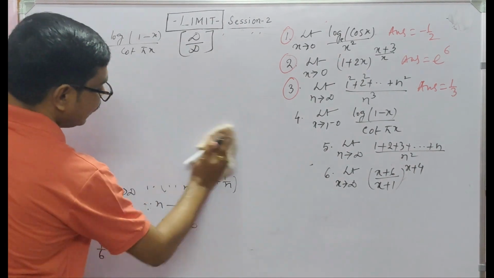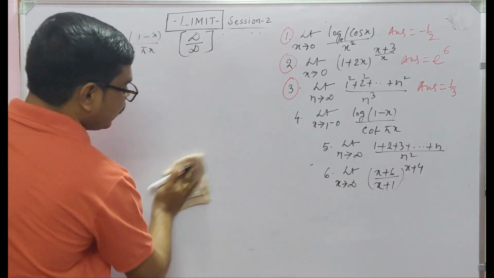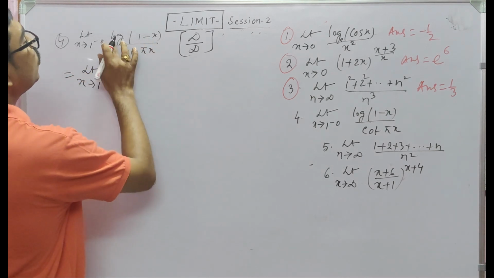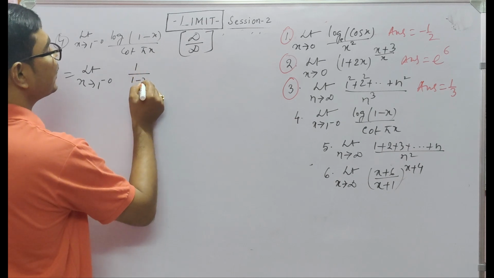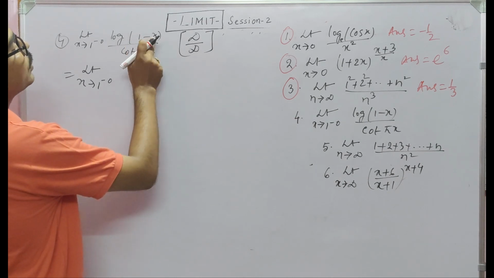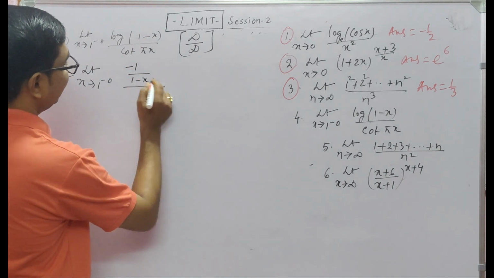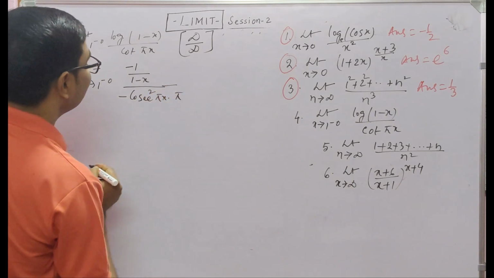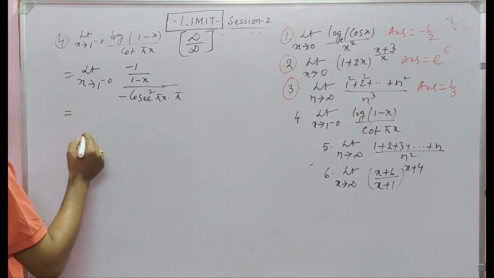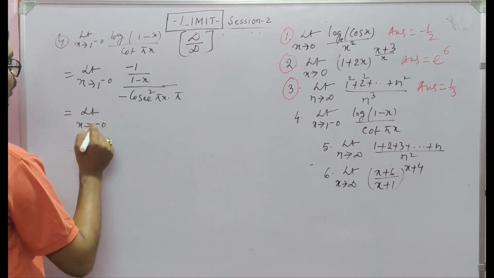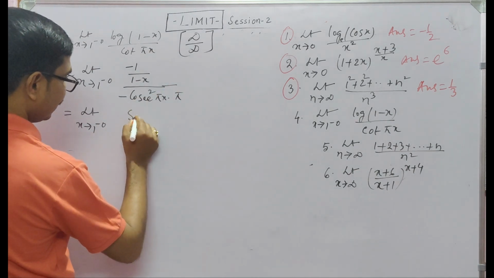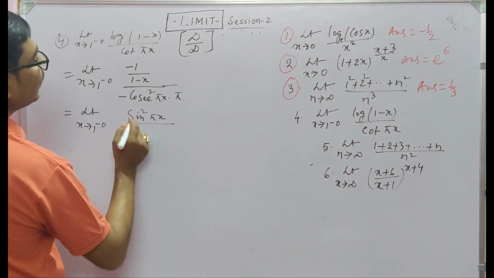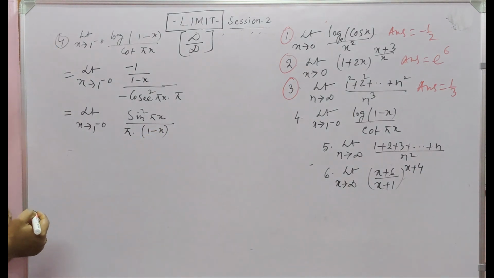Applying L'Hopital's rule, the limit x tends to 1 minus 0: the derivative of log(1 minus x) is 1 by (1 minus x) times minus 1, so minus 1 by (1 minus x), and the derivative of cot pi x is minus cosec square pi x into pi. Minus and minus cancel out. Reversing cosec, we get sin square pi x by pi into (1 minus x).